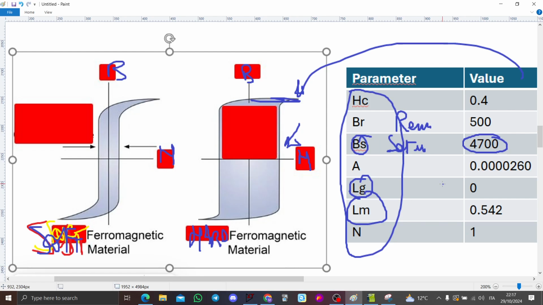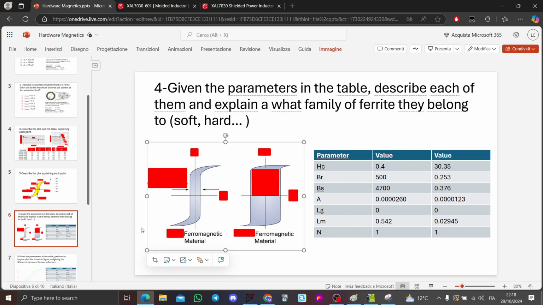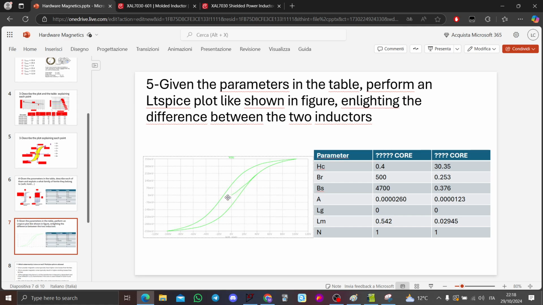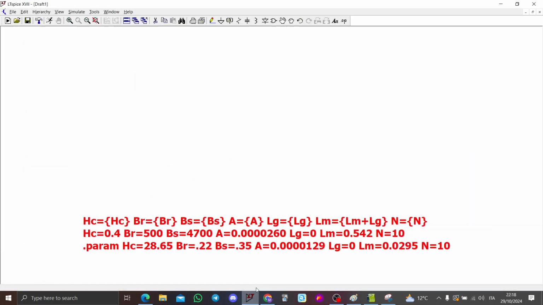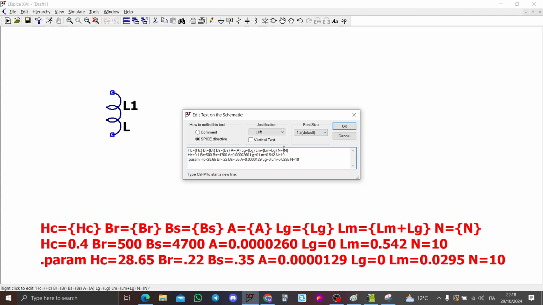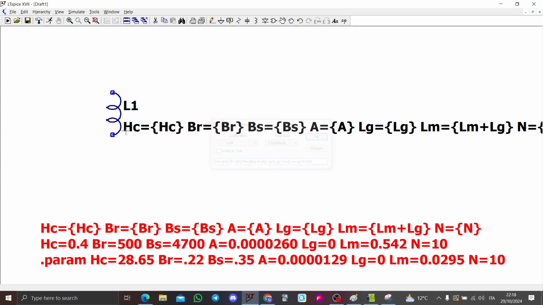Okay, so you want to know how you can simulate this in LTSpice. Let's open LTSpice. I just wrote them all to you here. How can you do this? You have to take an inductor, take this line, and write this.